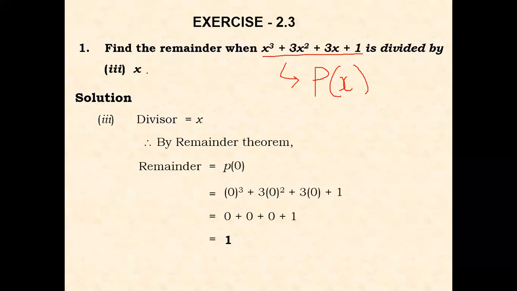So x is not a factor of this polynomial, or you can say this x is not completely dividing this px polynomial. If you do it by the long division method, you won't be able to get the remainder 0, the remainder will come 1, and it will not divide it completely. In other words, you can say this polynomial px is not a multiple of x. That is what we know about factors and multiples in the arithmetic context, right? So now third part, I hope that it is clear to you.